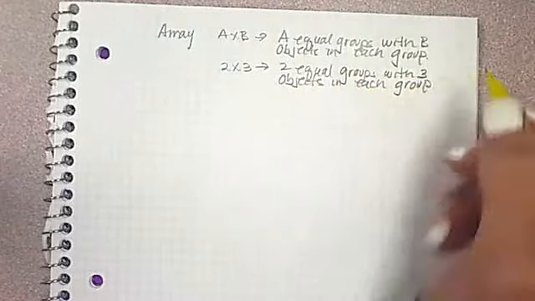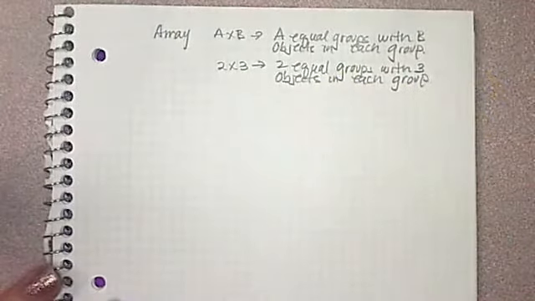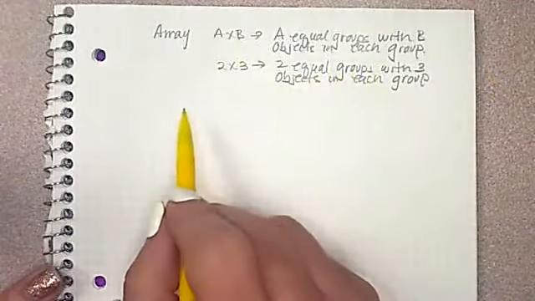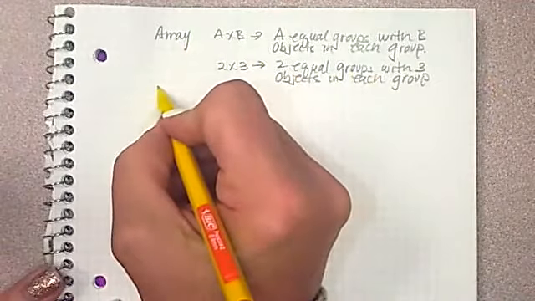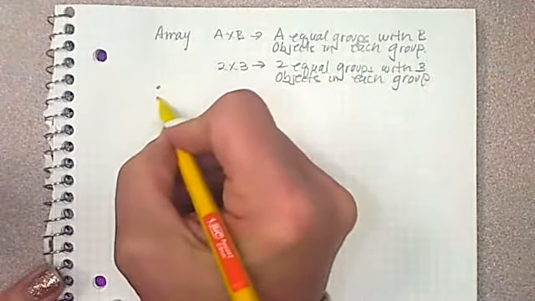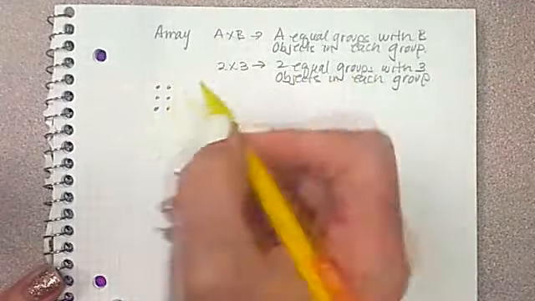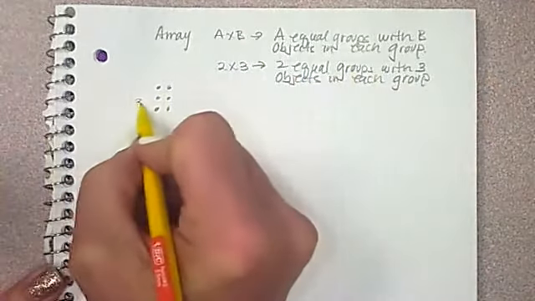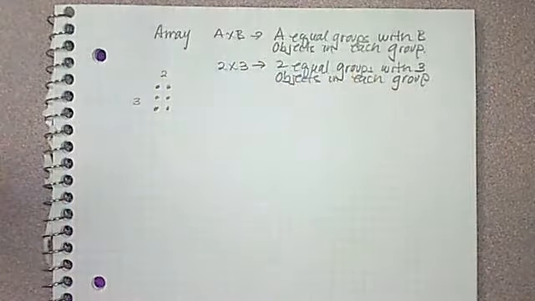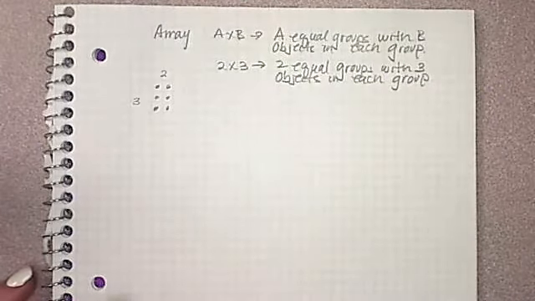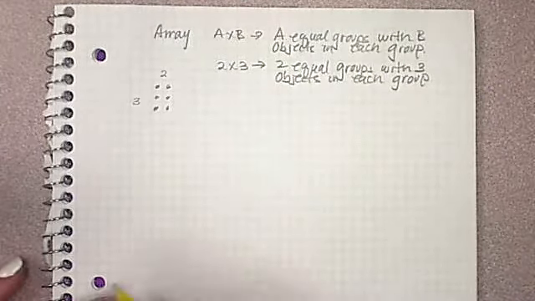So if we want to show that visually, we can do that with an array. So let's do a 2 by 3, 2 equal groups with 3 objects in each group. So we're going to have 3 objects in each group, and we're going to have 2 of those that are equal. So that's an array. Now I could also write the other way, where I could do 3 equal groups with 2 objects, right?